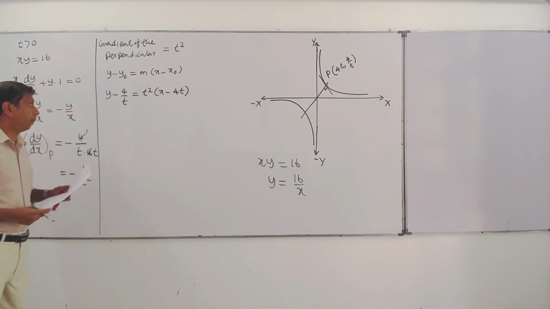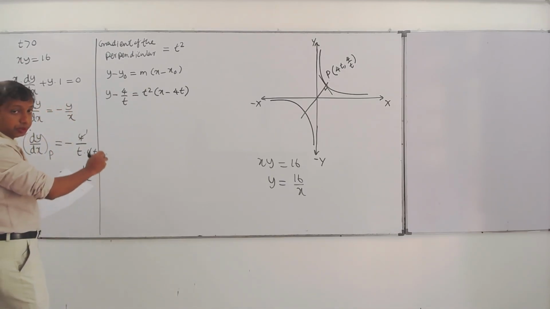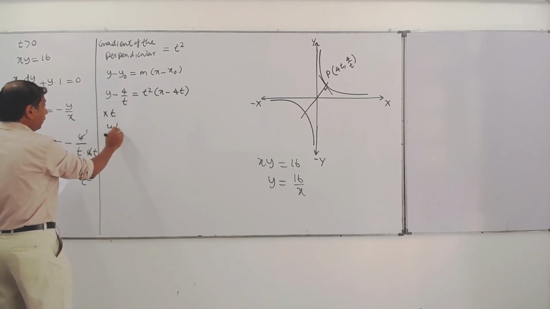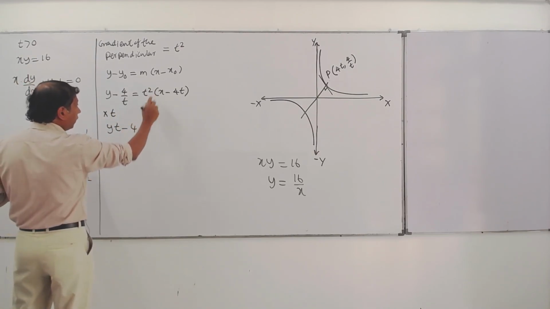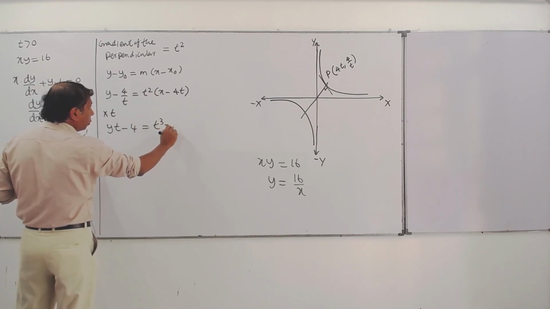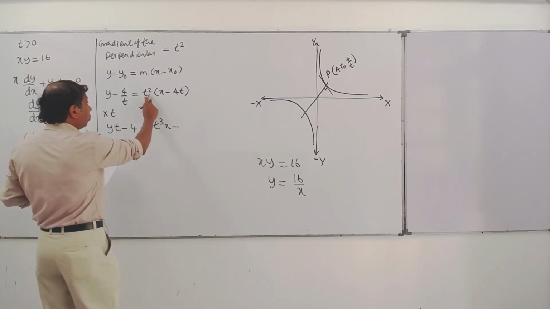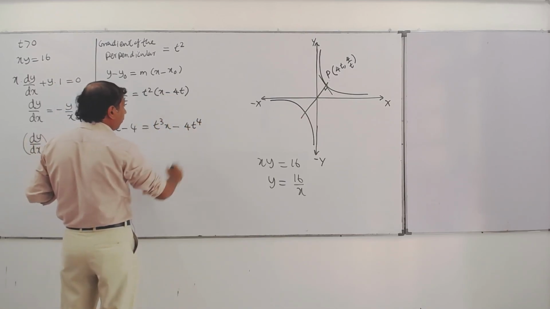This way we can write. Now, by multiplying by t both sides, we get yt minus 4, equals t cubed x minus 4t to the power 4.